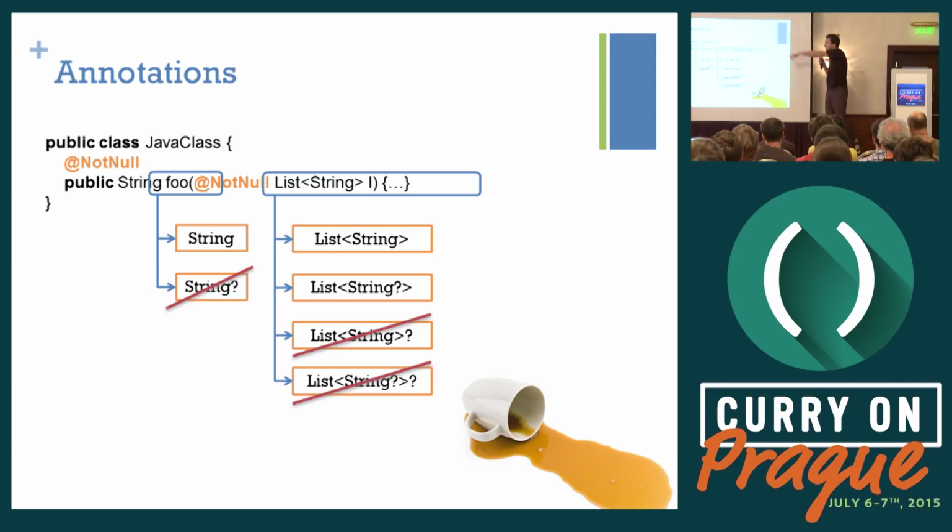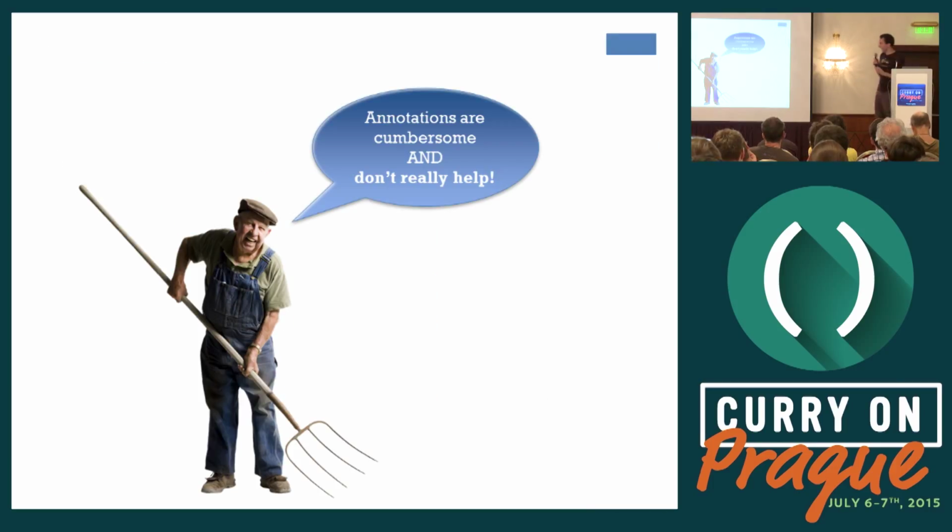So I cannot annotate the string inside the list. And annotations are cumbersome to work with. And sometimes you don't have control over your code, so you have a binary library, and you need to attach the annotation somewhere from the outside, and then it gets lots of configuration issues, so on and so forth. So the annotation way is difficult and doesn't really help.